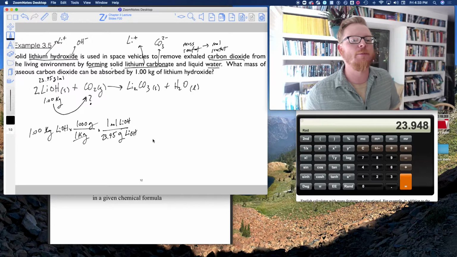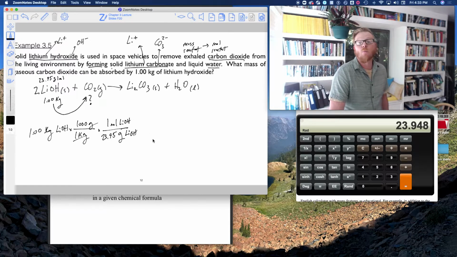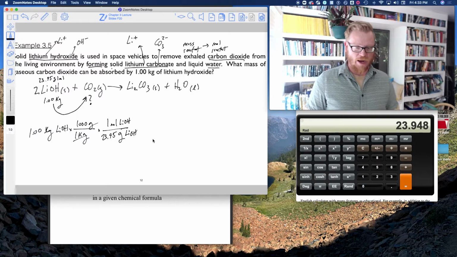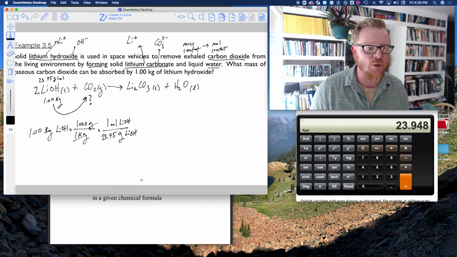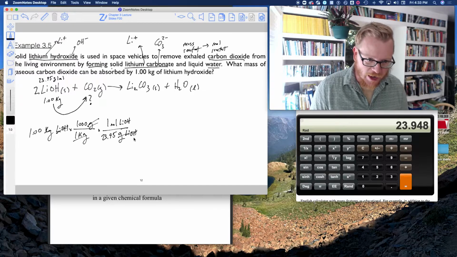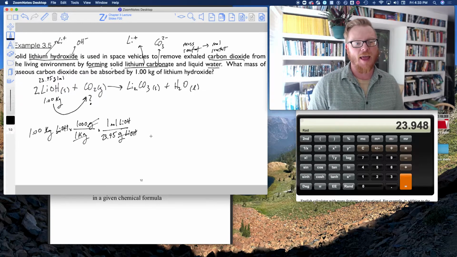I put that chemical symbol there so I know which thing I'm working with, just as an extra layer for myself. Now I've canceled grams of lithium hydroxide, and I've got moles of lithium hydroxide.